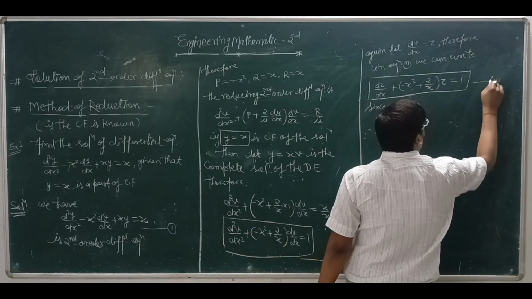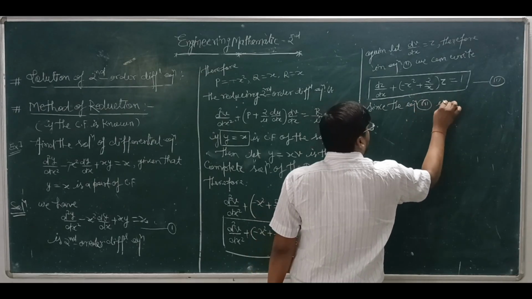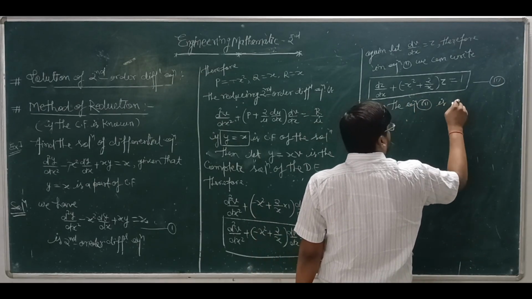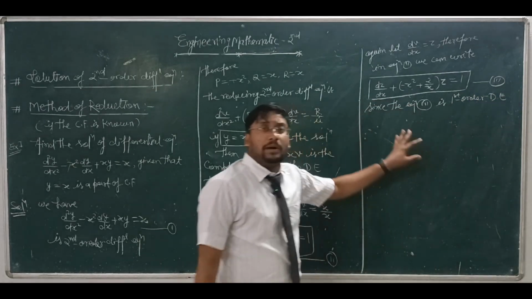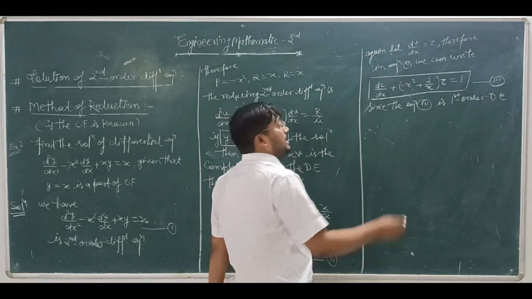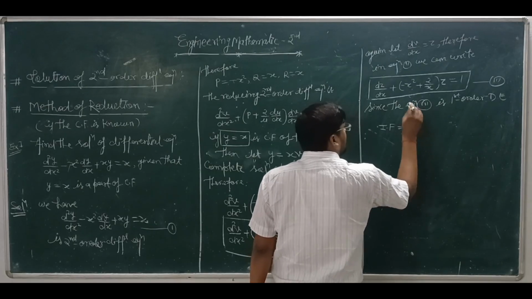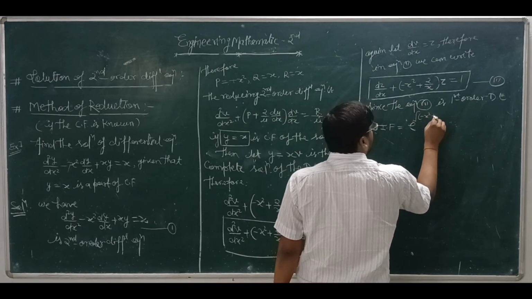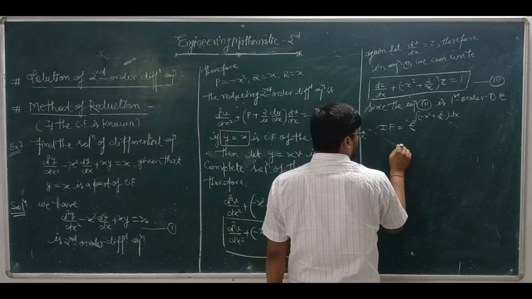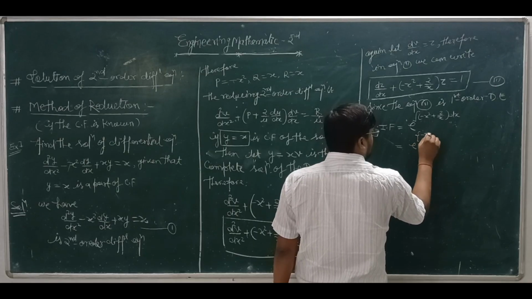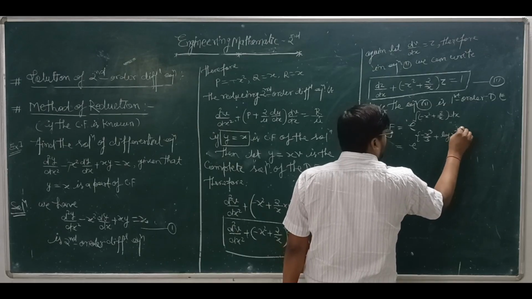This is equation number three, and since equation three is a first order DE, first of all you can find the value of IF, which is e to the power integration of (minus x square plus 2)/x dx. Now you can write e to the power minus x cubed upon 3 plus log x square.